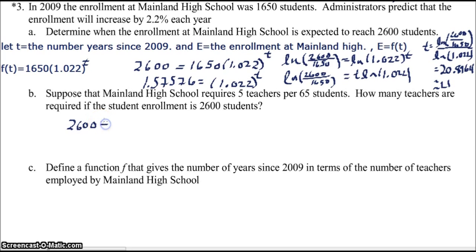If we divide that by 65, we can find out how many groups of 65 that we have. Then we need 5 teachers for each of those groups. So 5 times 40 is 200.